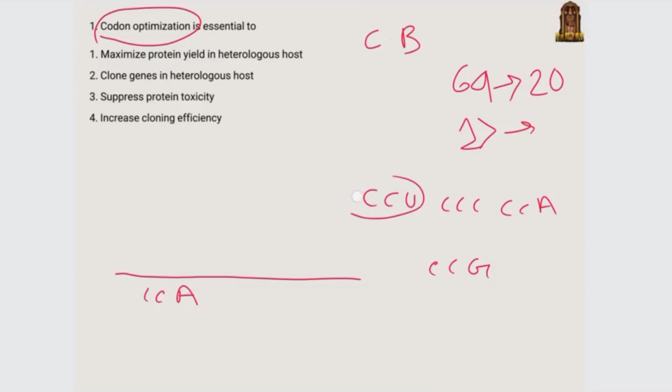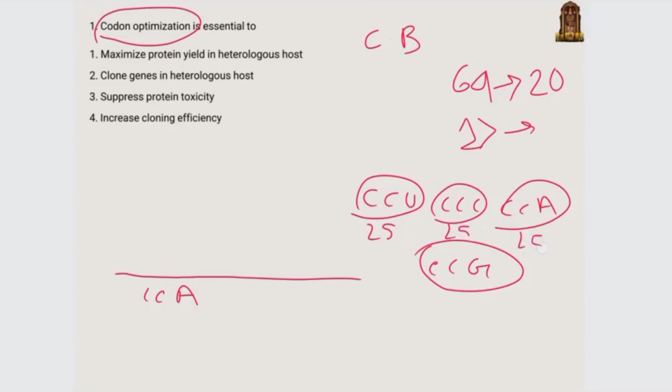All of these sequences can synthesize proline, so when there is a need to synthesize proline, in principle all the codons should be used in the same proportion, like 25% each. But in reality that doesn't happen.